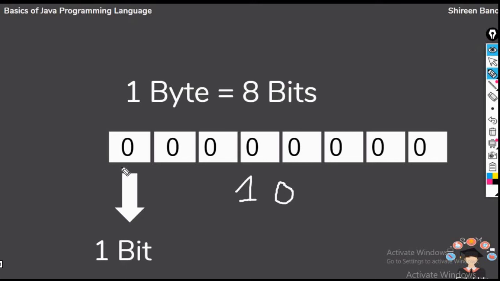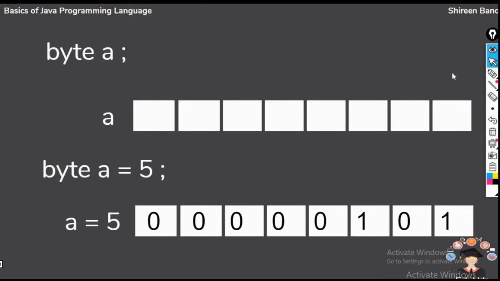If I declare a variable of type byte, it allocates 8 bits, and one bit can store either 1 or 0. The largest value is when all the value bits are 1, which is 127 in decimal, the last number that can be stored in a byte. Here I have declared byte a, and the operating system gives out memory like this, 8 empty boxes.